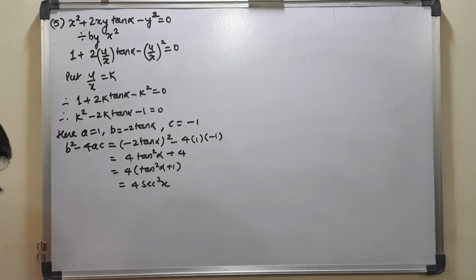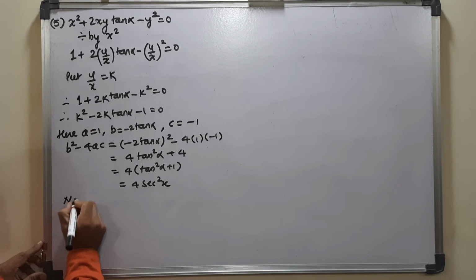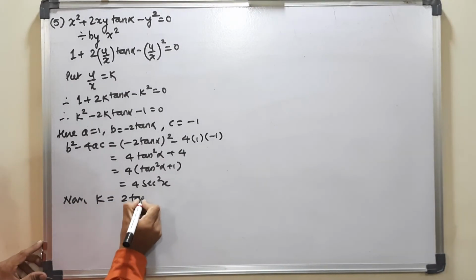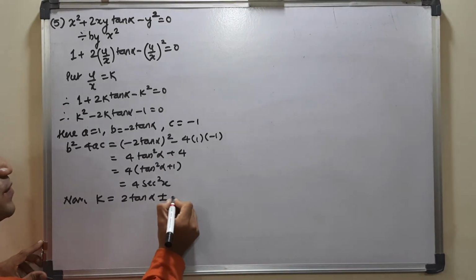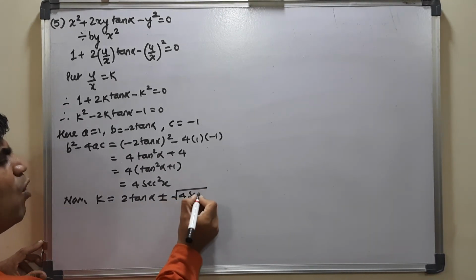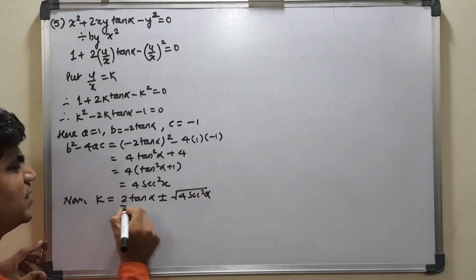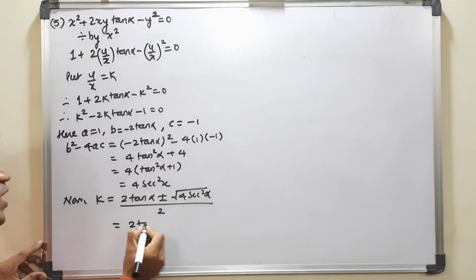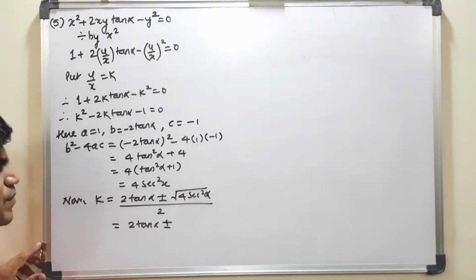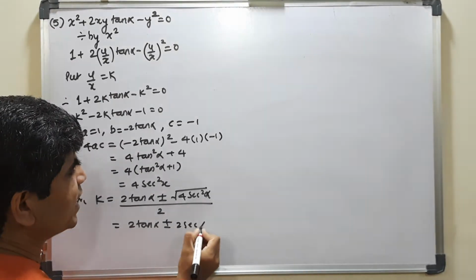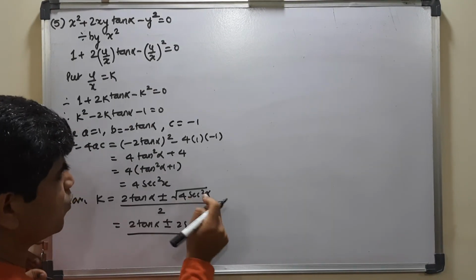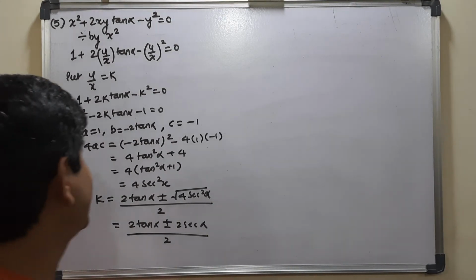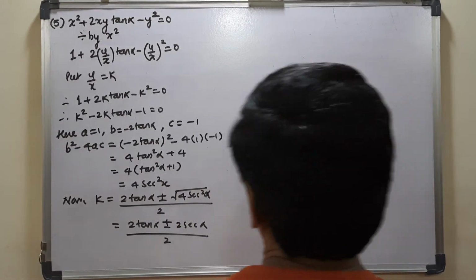Very nice. So I can get the square root. Now I will get k as minus b, which is 2 tan alpha, plus minus under root 4 sec square alpha, upon 2a, that is 2. So I get 2 tan alpha plus minus 2 sec alpha, upon 2. The 2 cancels, and k becomes your y by x.